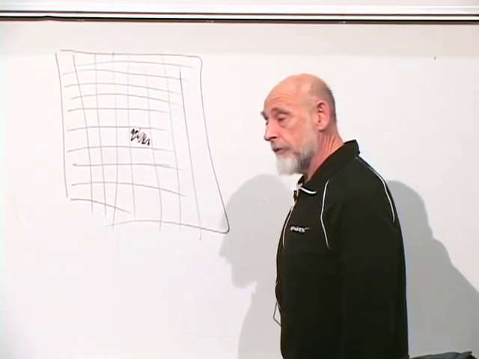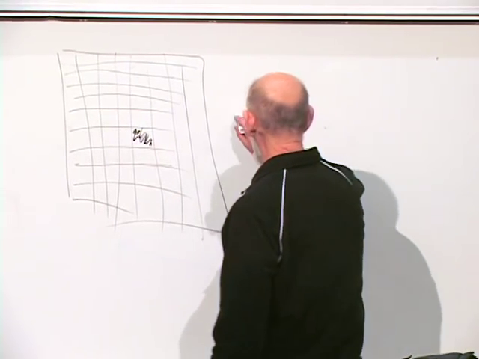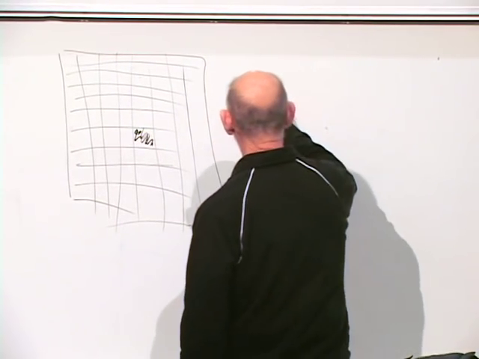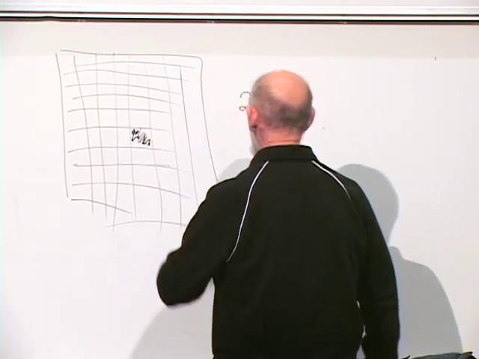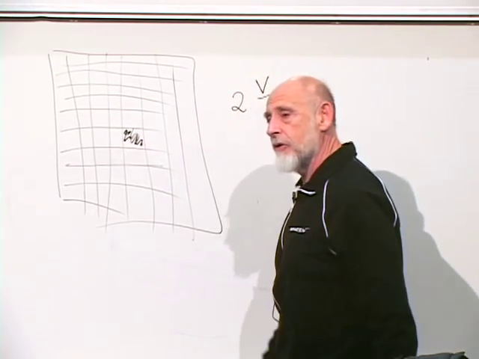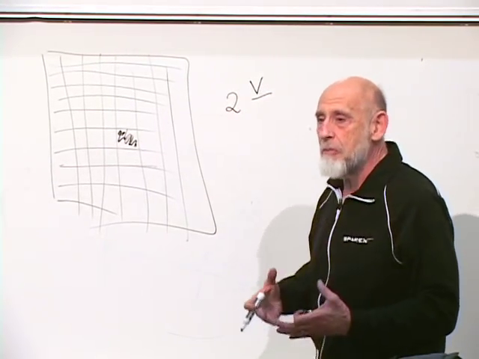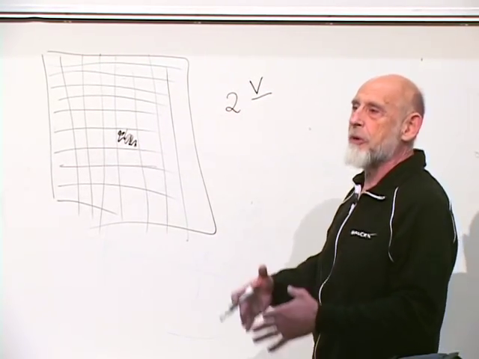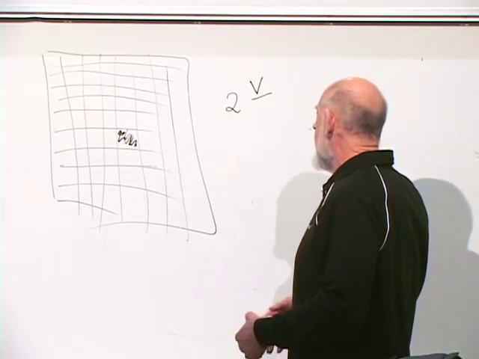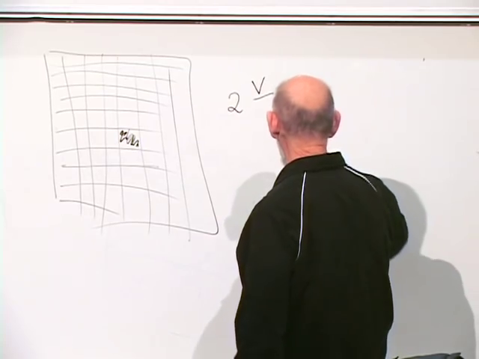The number of configurations that you can make is clearly 2 to the number of cells. And the number of cells is the volume divided by the volume of a cell. In this case, the volume of a cell would be the smallest volume appropriate to the physics problem, the physics problem being putting atoms in or not putting atoms in.